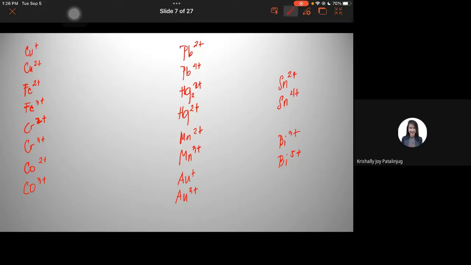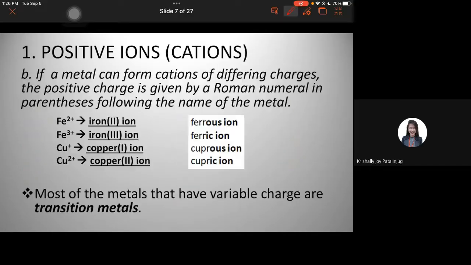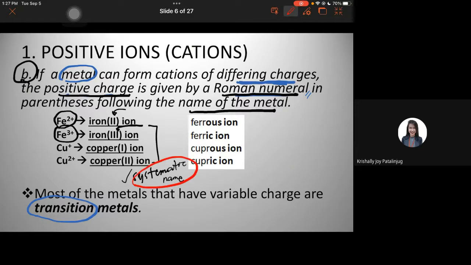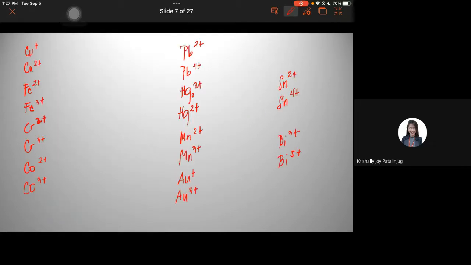Okay, so again, if you name these using the systematic way of naming, you simply name the metal, copper, iron, chromium, cobalt, and so on and so forth. After the name of the metal, in a parenthesis, you have to write a Roman numeral representing their charge. Okay, so do not forget that.